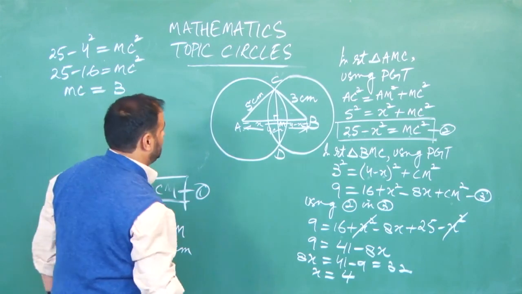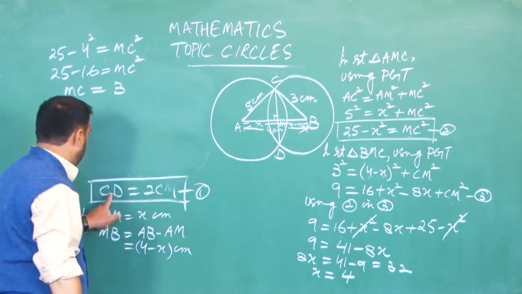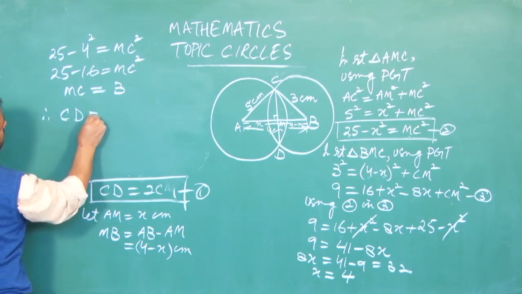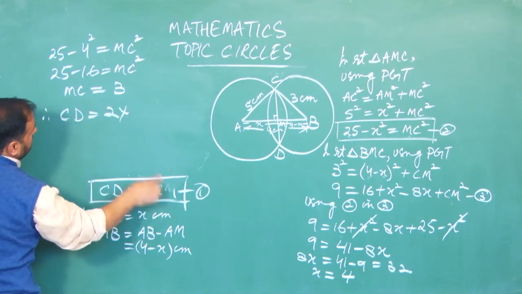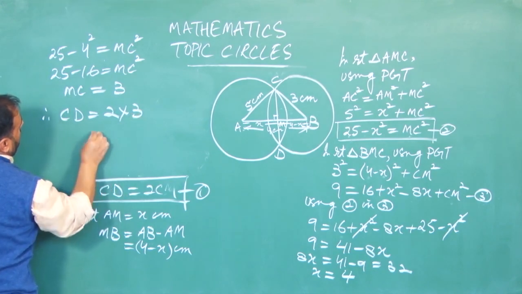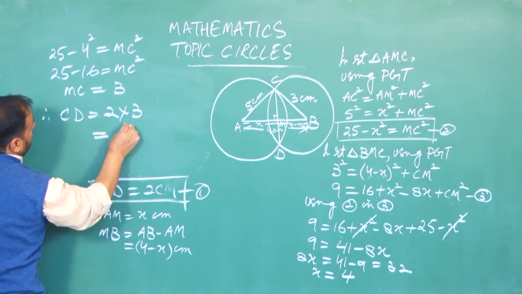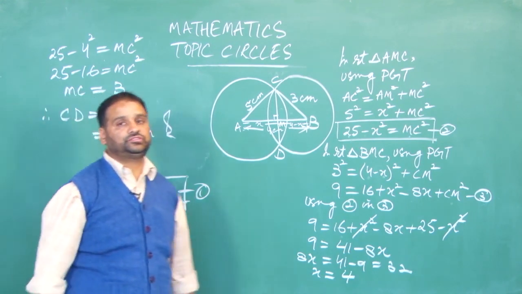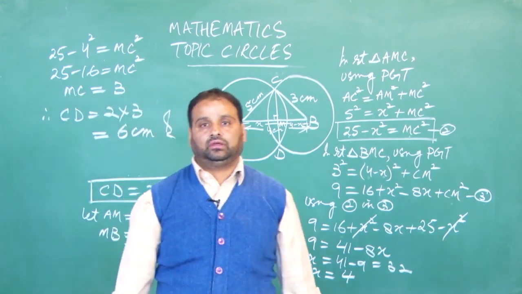So, when MC is equal to 3 and CD is twice CM, CD will be equal to 2 into CM, CM is equal to 3, and the common chord's length is equal to 6. Hope that you understood that question in a good way.